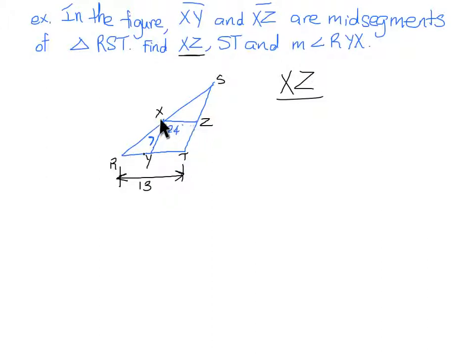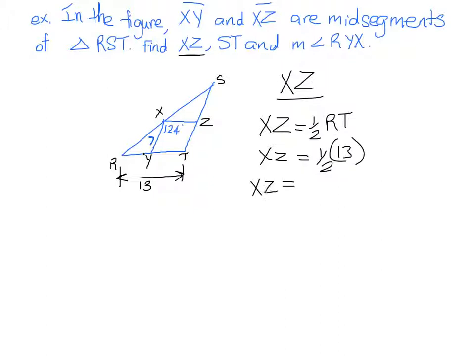So our midsegment XZ will be half the length of RT. So XZ equals half RT. RT in this case is 13. So XZ is equal to half of 13, which gives us 6.5.